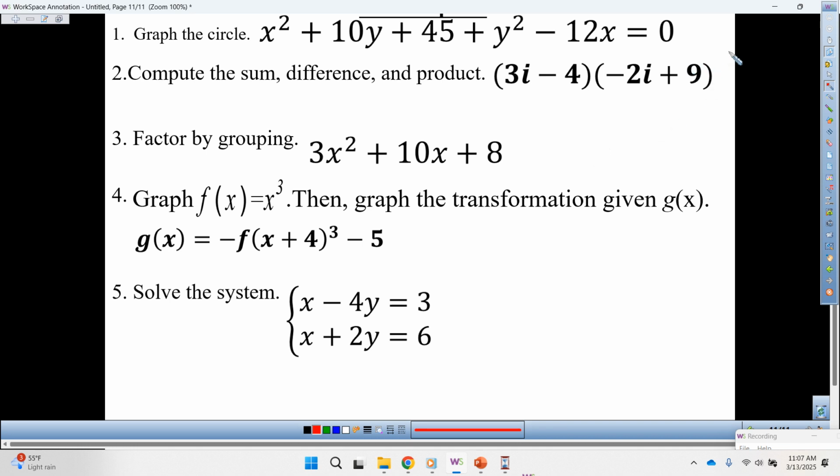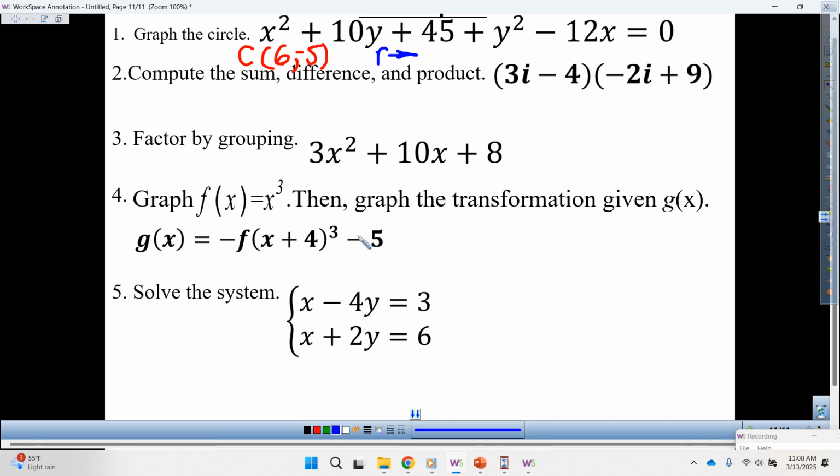All right, so for number one, you know the process for that one. I need a center and a radius. Let's see what you get for center and radius. Annette? 6, -5.